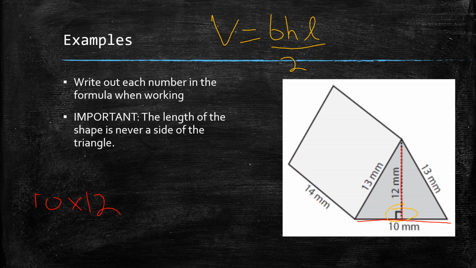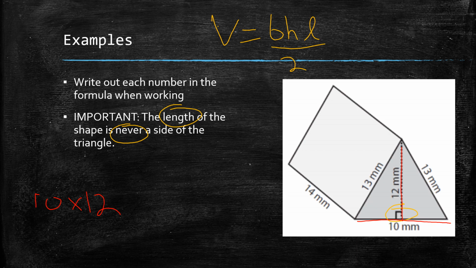Very important. That's why it's all caps, I'm trying to stress this. A lot of kids struggle with the length of the shape. Very important that you understand the length of the shape is never a side of the triangle. In fact, the length is never a part of the triangle.